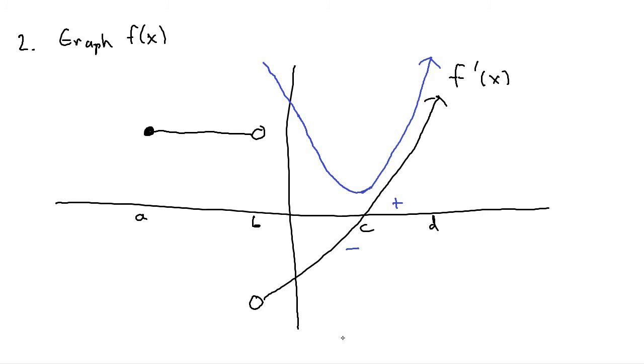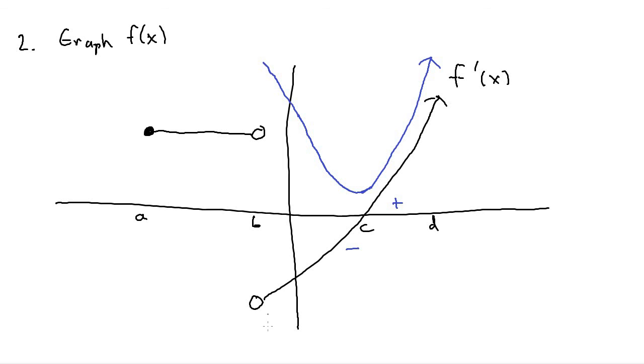So now we're looking at point B, and notice how point B has a discontinuity for the derivative. And we know that derivatives cannot be defined at things like corners, cusps, sharp turns, or vertical asymptotes. And this is most likely going to be a sharp turn or a corner.